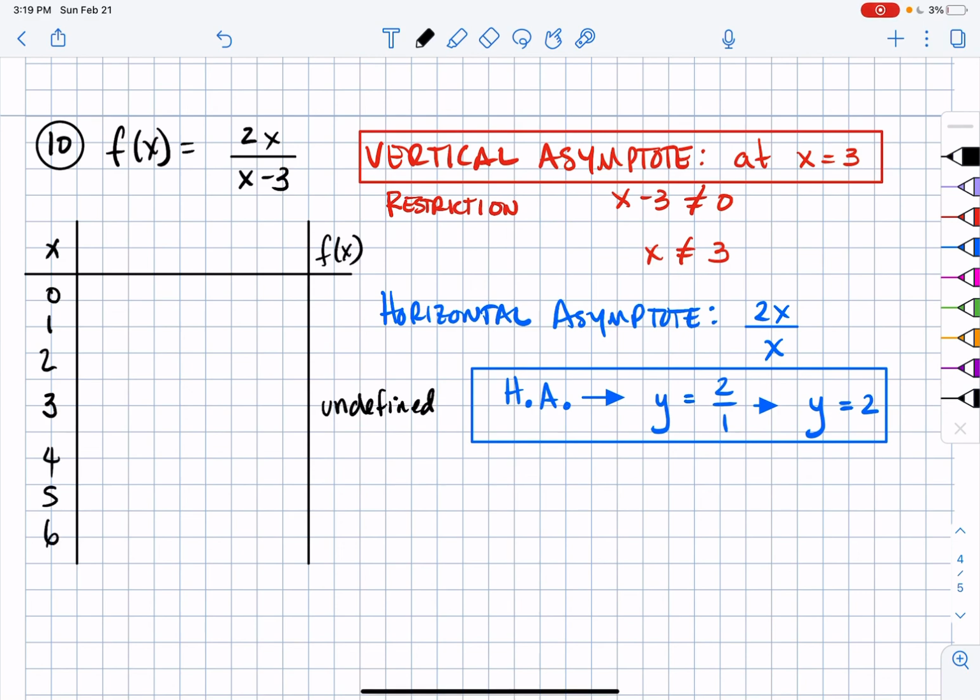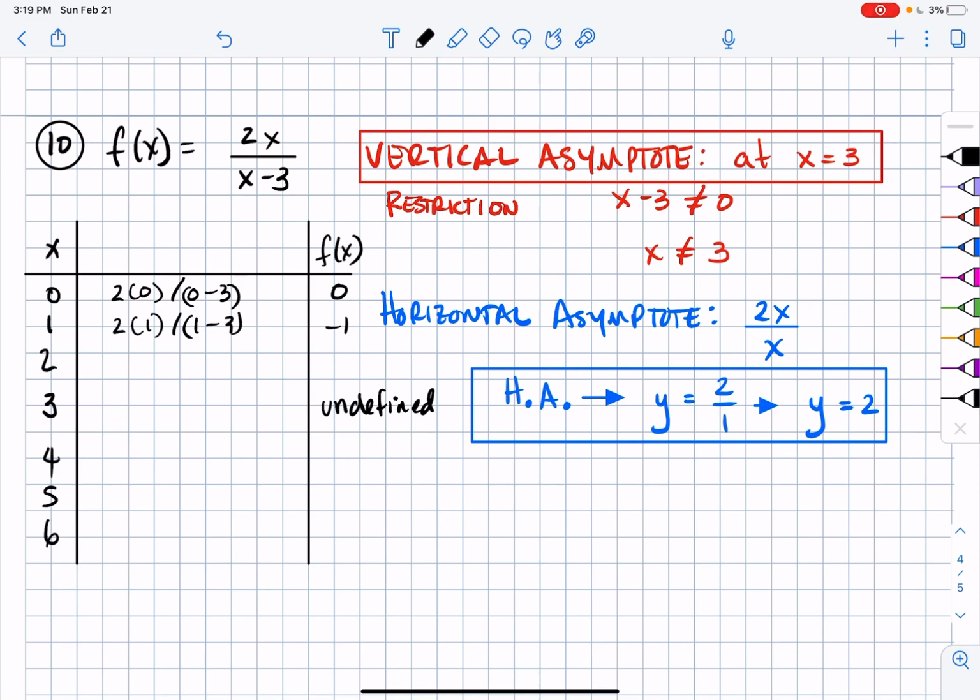If I do that, I got 2 times 0 divided by 0 minus 3, and that's going to give me a 0. I got 2 times 1 divided by 1 minus 3, so that's 2 over negative 2, which is negative 1.